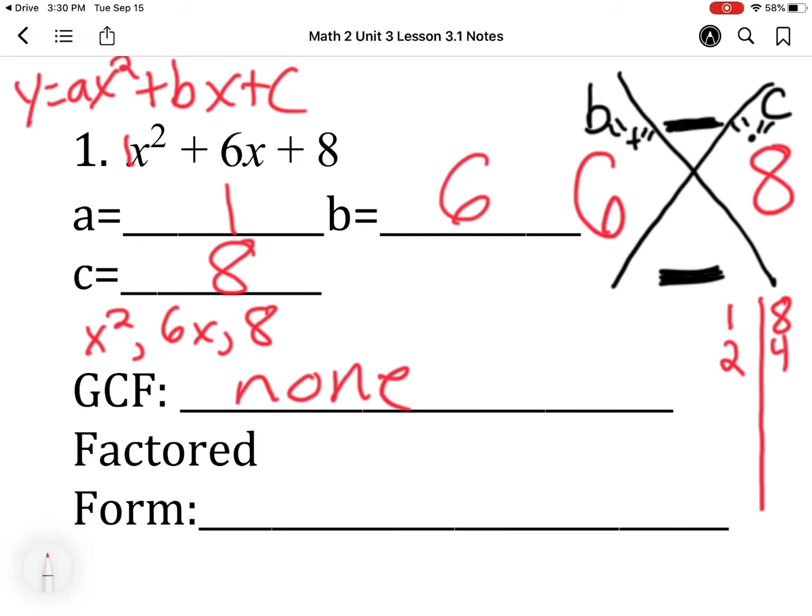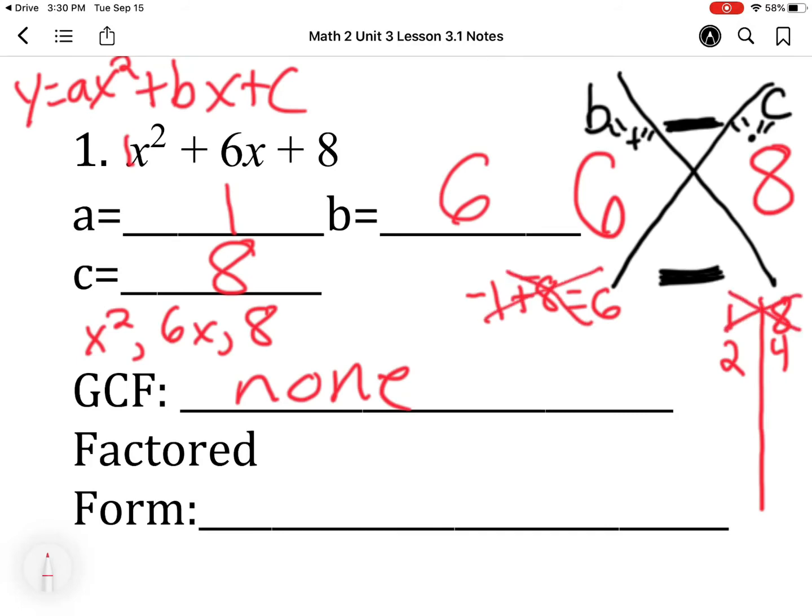So then we want to say, okay, if I did 1 plus 8, does that give me 6? No. Even if I come in here and make one of these negative, can I make it equal 6? How about both of them being negative? No, it cannot.